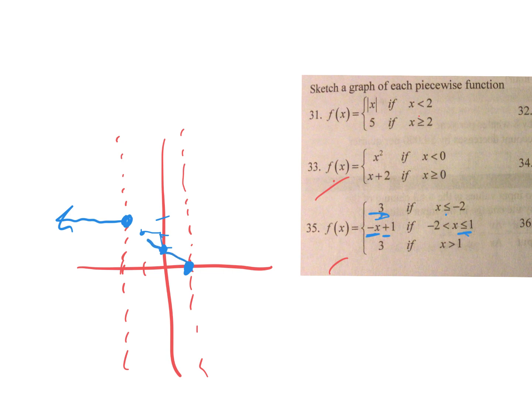Because it's already filled in here, technically I should have an open circle there, but because the other one's already filled in, just leave it the way it is. And then y equals 3 is the other piece, isn't it? When x is greater than 1, it's the same horizontal line, and it is open there, and we draw to the right.